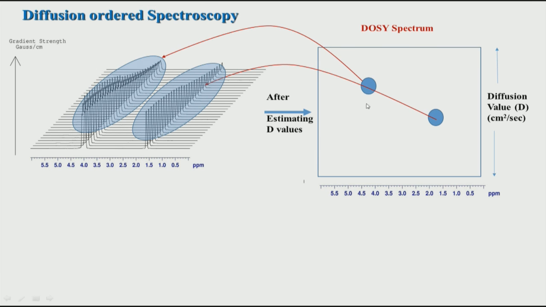You can say that this is one molecule and this peak belongs to another molecule, because if they were the same molecule they should have been on the same line, meaning they should have the same D value. But the diffusion values are different and hence they can be called different molecules.